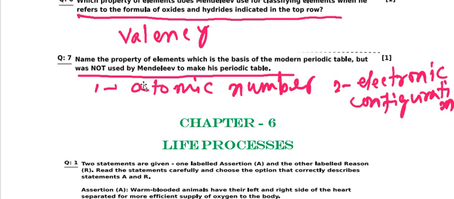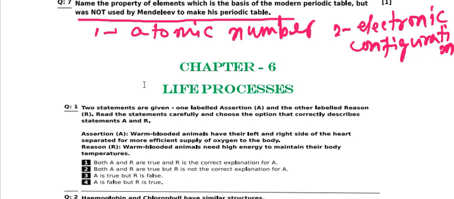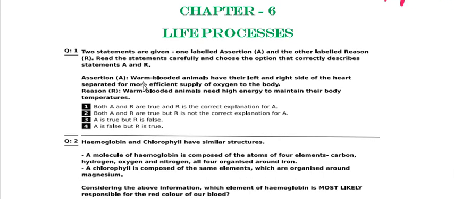Move to the next chapter, that is life processes. It is related to biology. The first question on your screen has two statements, assertion and reason. Assertion: warm-blooded animals have their left and right side of the heart separated for more efficient supply of oxygen to the body.